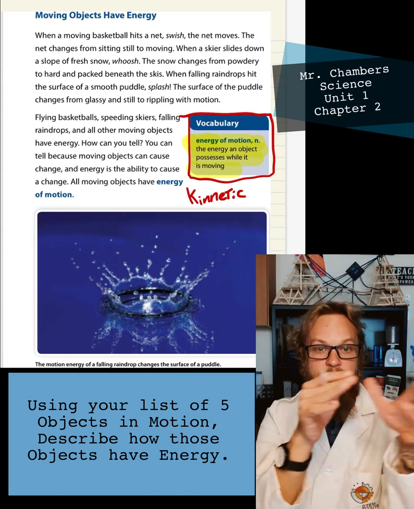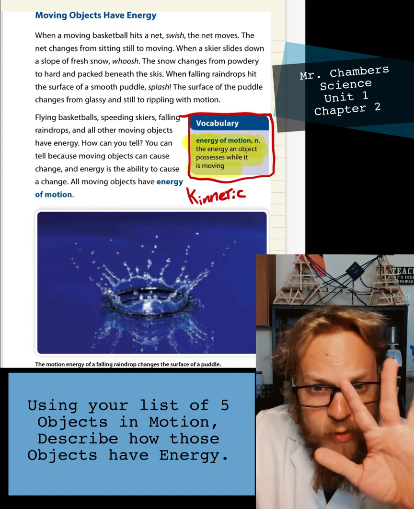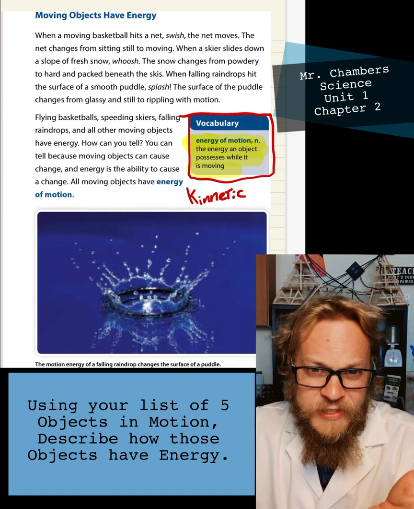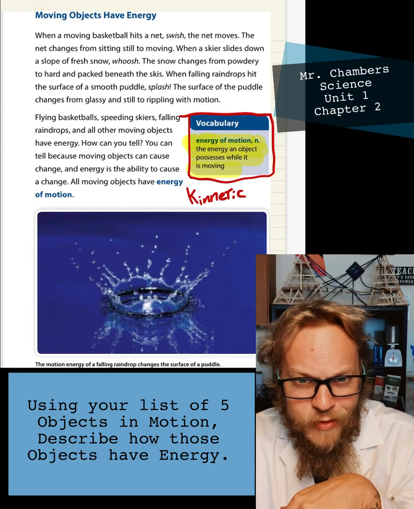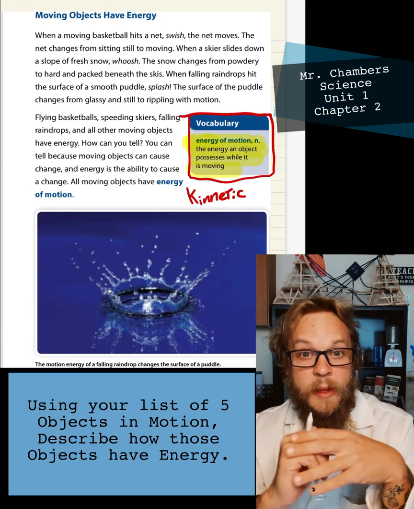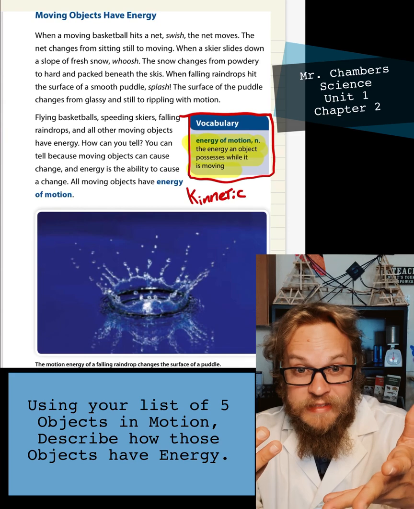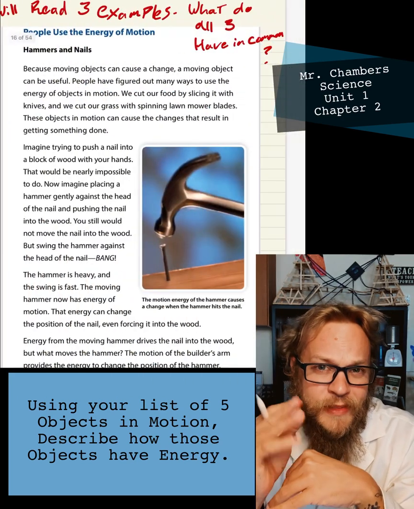My hands are no longer in this place and they're causing different changes. How can those 5 examples of motion you came up with earlier cause change? My hands can push. My lips can make a noise. How can your 5 examples of motion cause change?